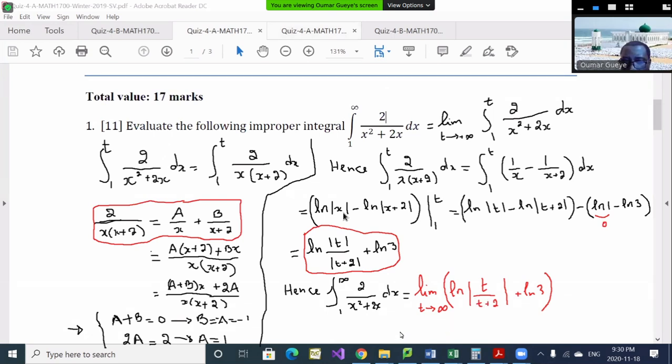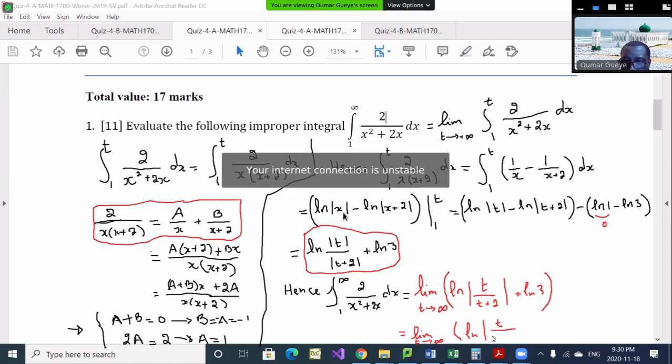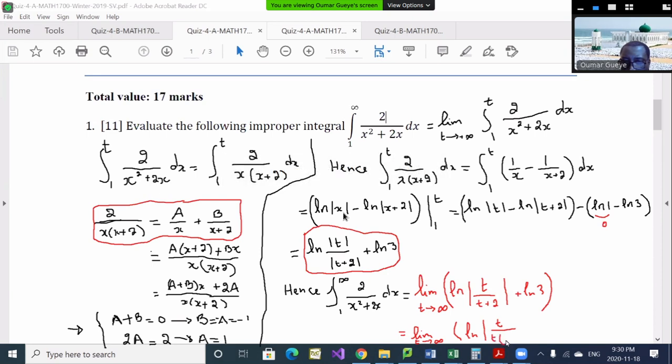I can simplify. It's going to be the limit as t goes to infinity, with t in the numerator, and from the denominator I'm going to pull out t. When I factor out t, I get 1 plus 2 over t.